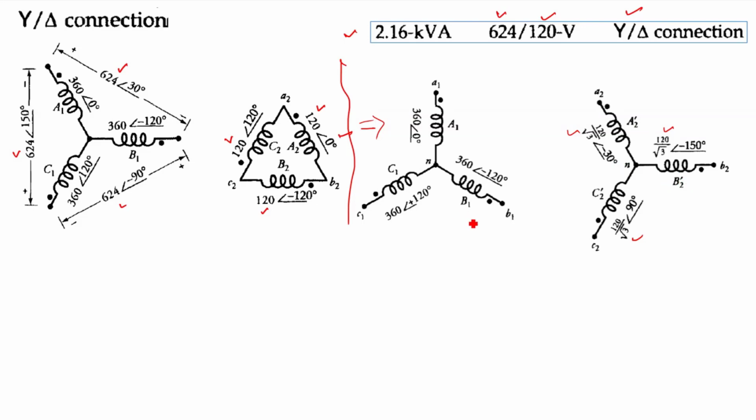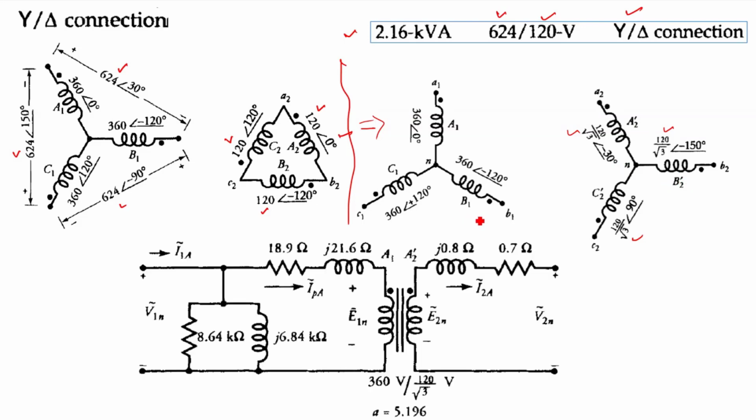Okay. So now if we represent the per phase equivalent circuit, the per phase equivalent circuit for the primary side will remain the same because this is now the star connected side. The star connected side means the primary side equivalent parameters will remain the same. Whereas the secondary side will change because the secondary side is delta connected, right?